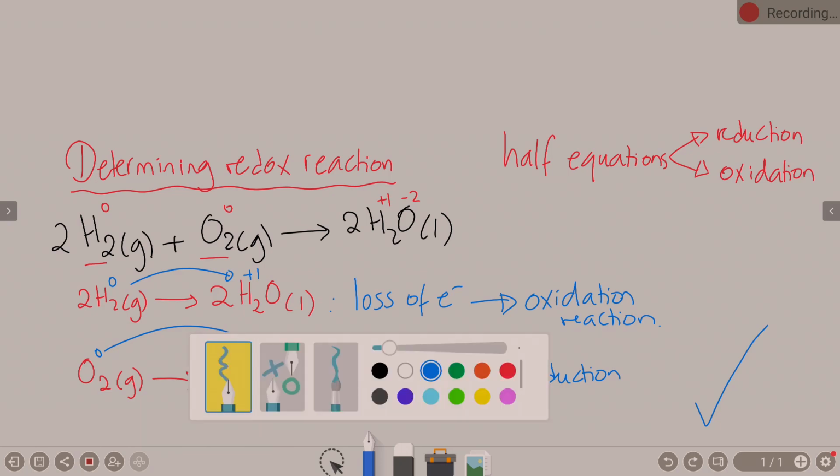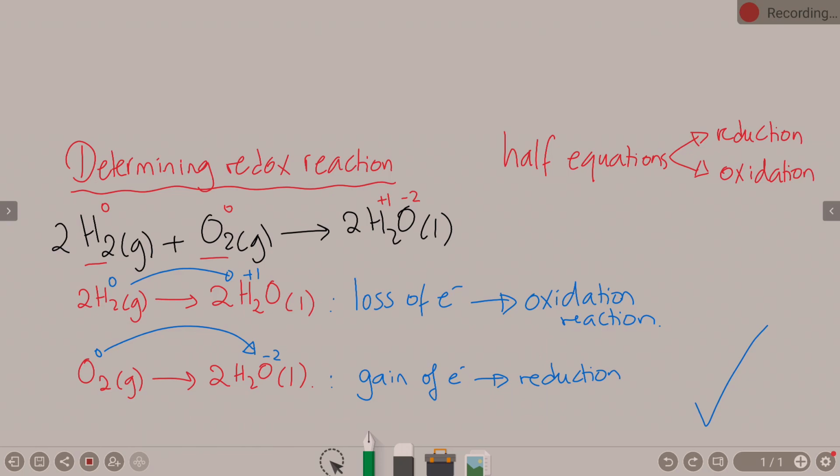So if we were to take it a step further and say, what are the oxidizing agents and which ones are the reducing agent? Well, I can safely say that oxygen is the oxidizing agent because it oxidized hydrogen, whereas hydrogen is the reducing agent because it reduced oxygen, but it itself got oxidized.